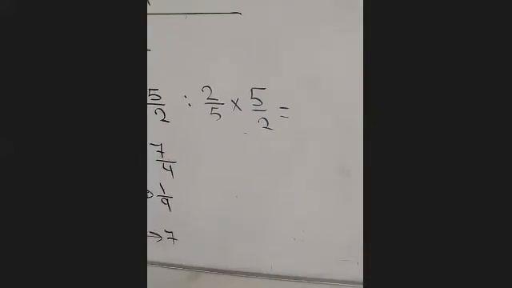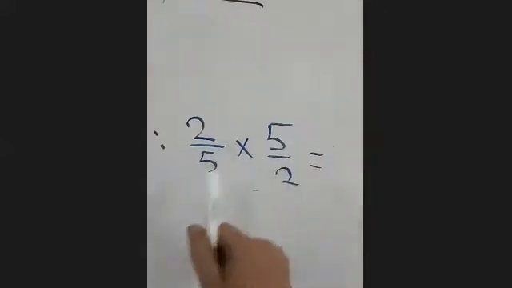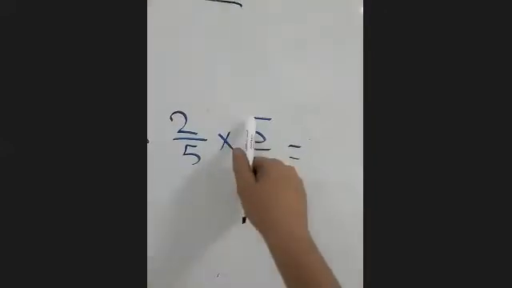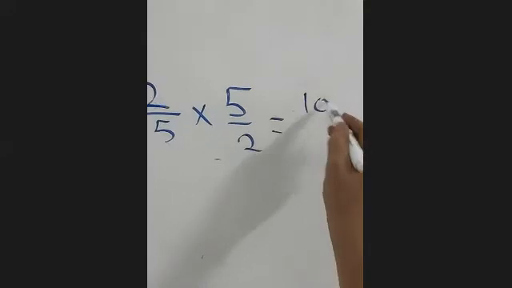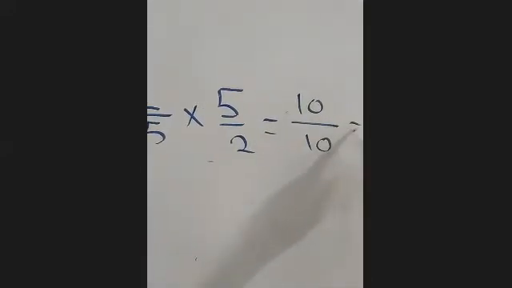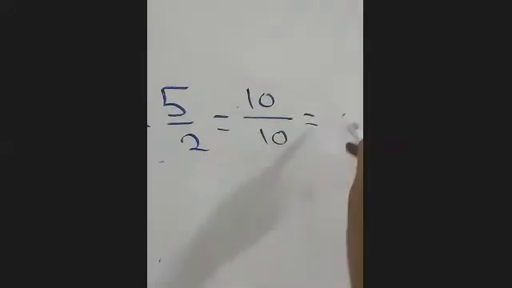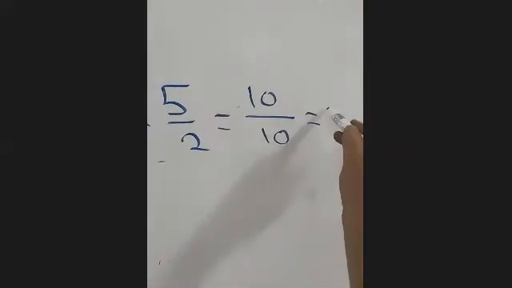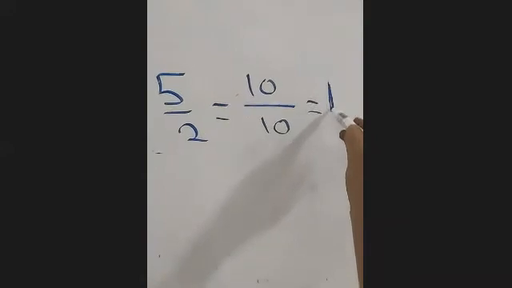I multiplied the fraction by its reciprocal. In multiplication of fractions, we multiply up and down. 2 multiplied by 5 is 10, and 5 multiplied by 2 is 10. And 10 over 10 means 10 divided by 10, which is 1.